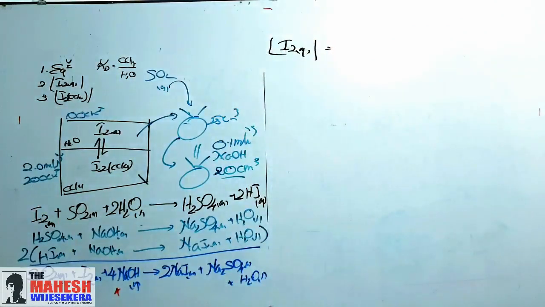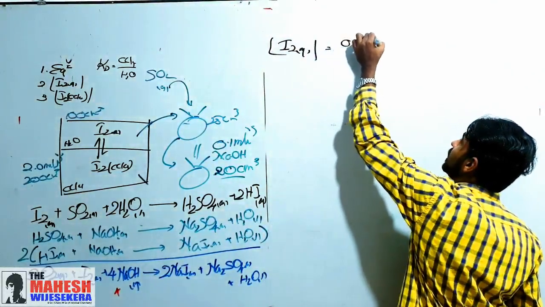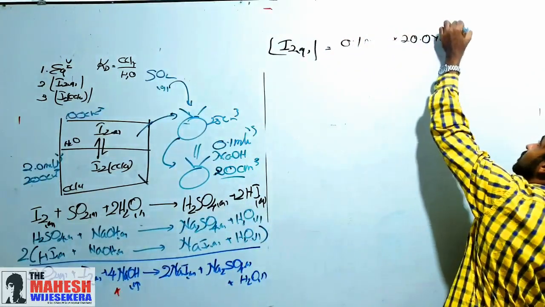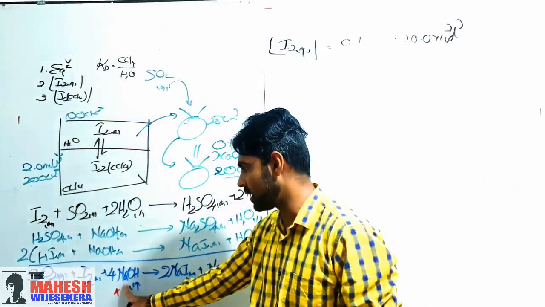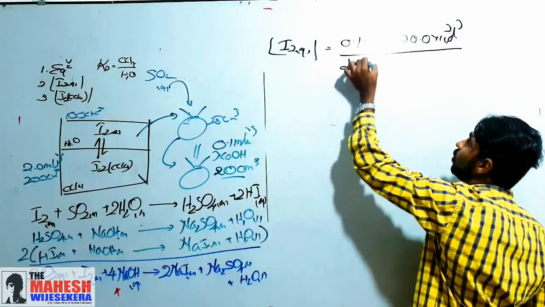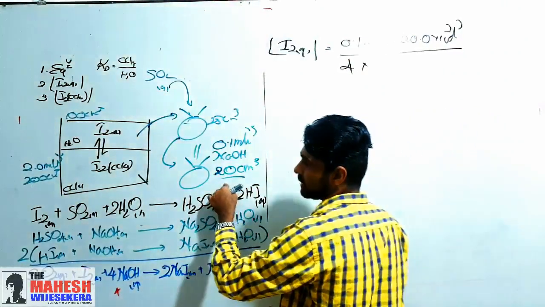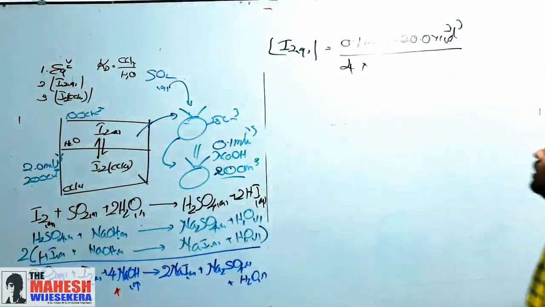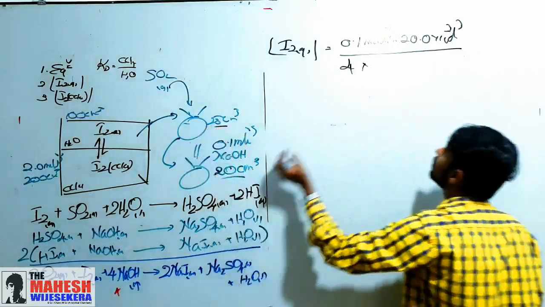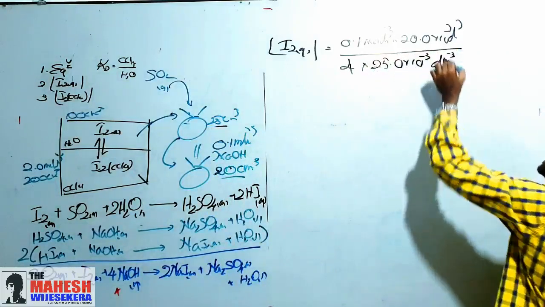How to find that? Number of moles of sodium hydroxide: 0.1 moles per cubic decimeter into 20 into 10 to the power minus 3 cubic decimeters. Iodine will be 1/4 of that, so divide by 4. The volume taken was 25 into 10 to the power minus 3 cubic decimeters.